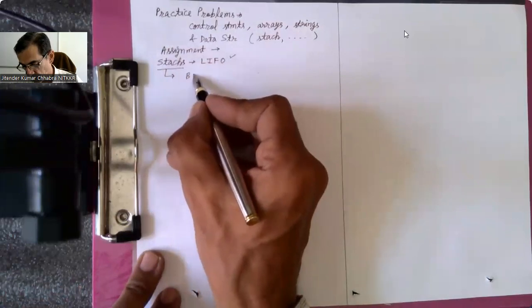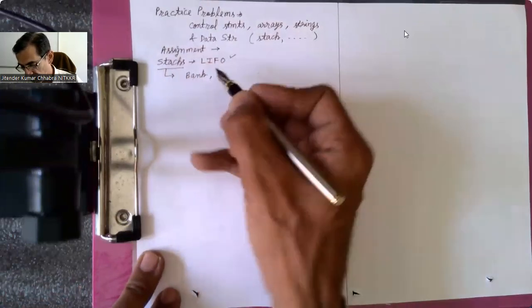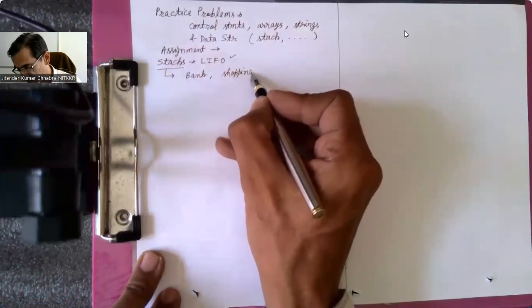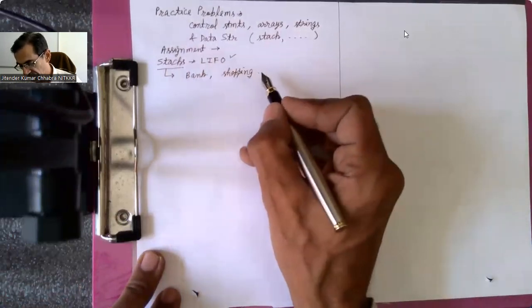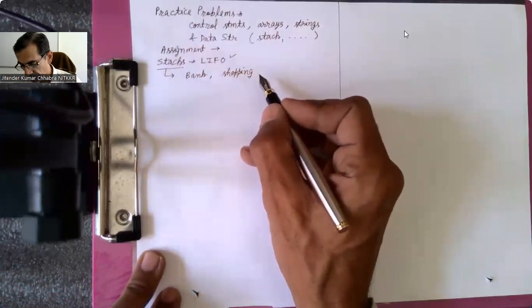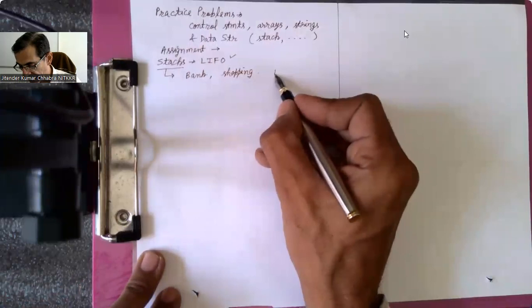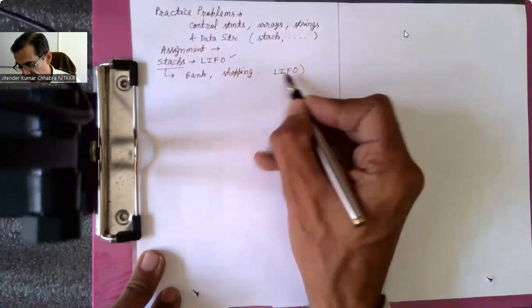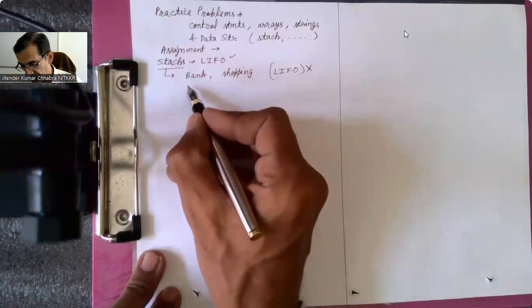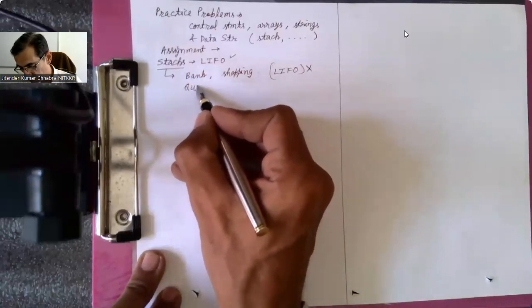For example, if you go to a bank or if you are in a shopping mall, everywhere you have a list of people waiting in a line, and obviously the LIFO property won't help at that stage at all. So you normally stand in a line and you call that a queue.